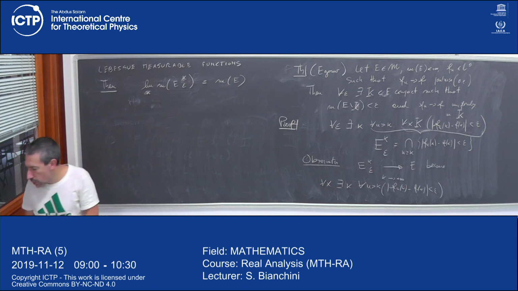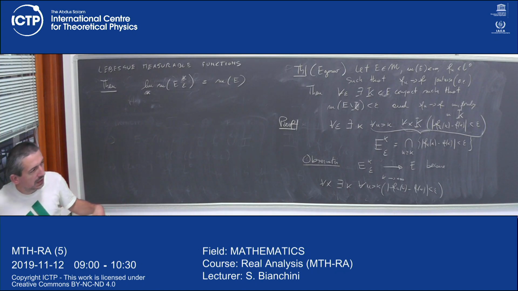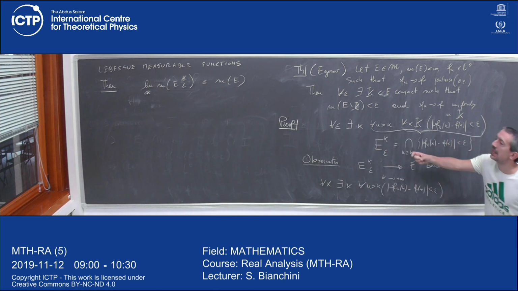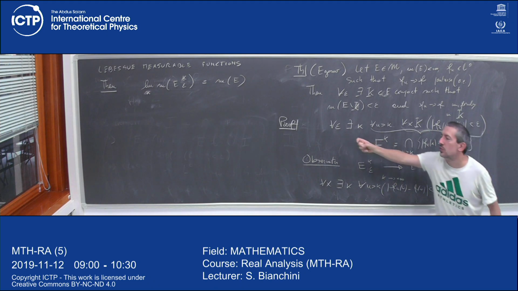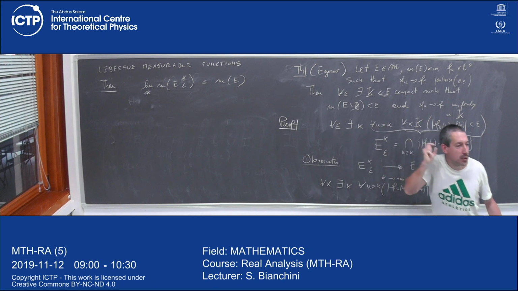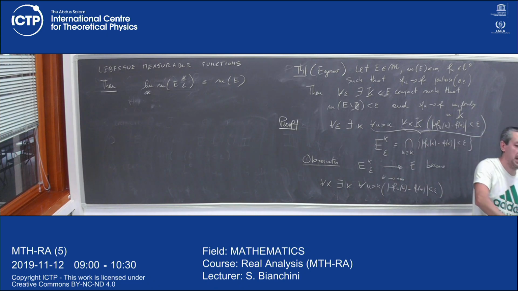So now what I have to handle is to be sure that, I would like now to intersect these sets with respect to the sequence of epsilon. But I want to be sure that this intersection is non-empty.